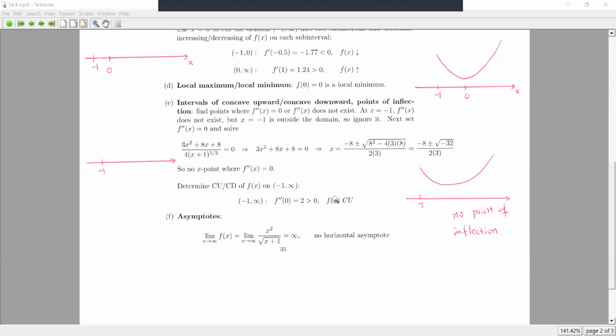So the graph of the original function is concave up. Second derivative greater than 0 means concave up. Less than 0 means concave down. So from -1 to infinity, the whole domain, the curve is concave up. Therefore, no point of inflection. A point of inflection is a point where the graph changes concavity. No point of inflection.